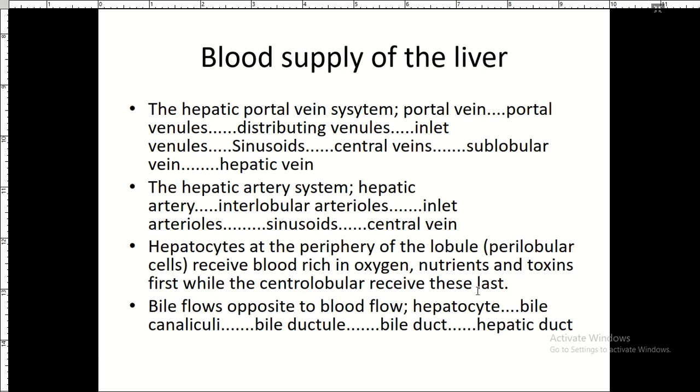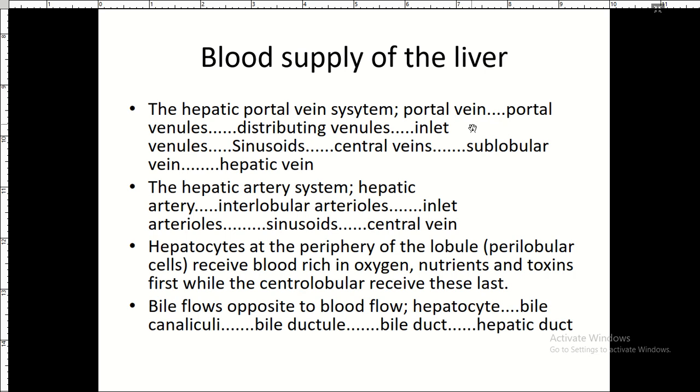So remember, the liver needs oxygen. So we're going to have a hepatic artery coming from the celiac trunk of the abdominal aorta. And that celiac trunk will supply oxygen to the liver. You understand now? So you're going to have the hepatic portal system, which is the hepatic portal vein.